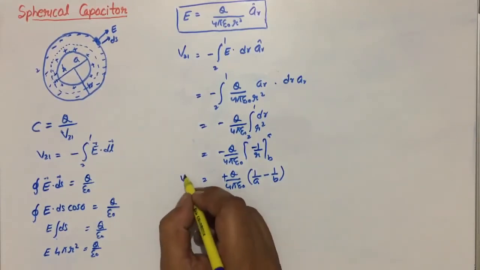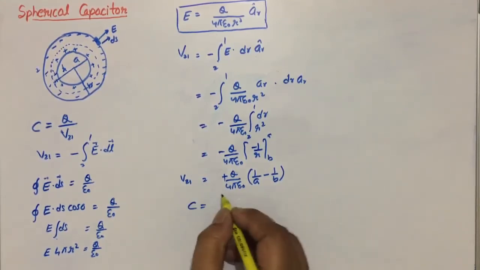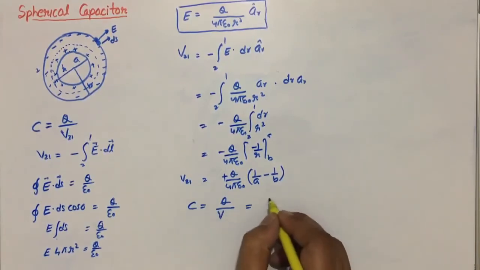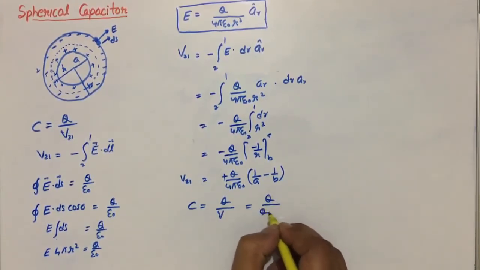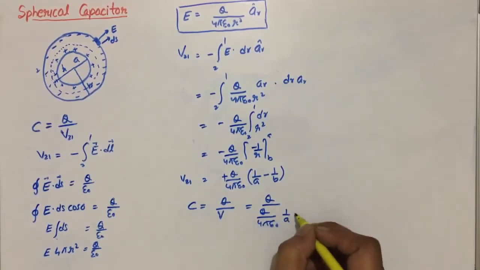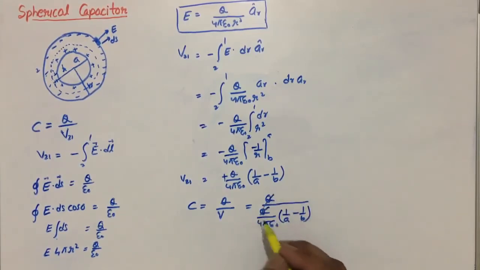This is the potential difference between them. Now if we wish to find the C, then we say q by V, and that will be q by q by 4 pi epsilon naught into 1 by a minus 1 by b. The q will be cancelled out and this will be at the top.